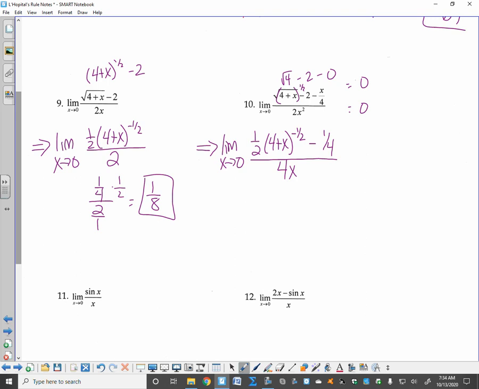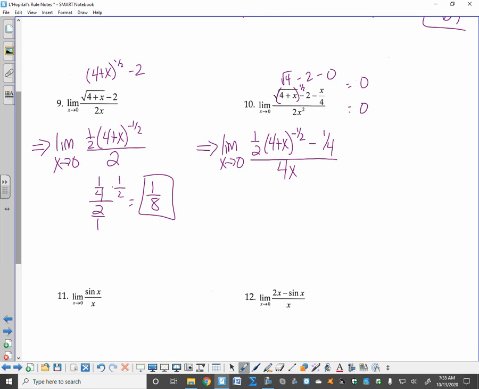Oof, I don't like it. I can already tell there's going to be a 0 on the bottom. Let me see if there's a 0 on the top. 4 square rooted would be a 2. Move it to the bottom, it's a 1/2. Times the 1/2 is a 1/4. Minus 1/4 is a 0. So I would have to go round 2.